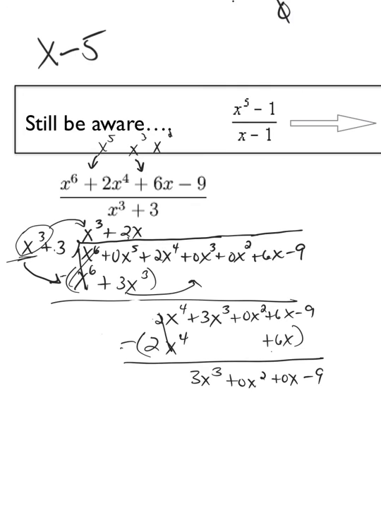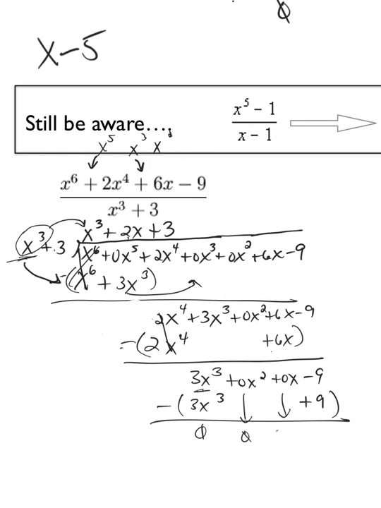I'm going to multiply x cubed by what to get 3x cubed? That is plus 3. So I have 3 times x cubed, 3 times 3. Subtraction symbol. The first term cancels out. There's no x cubes. There's no x squareds.